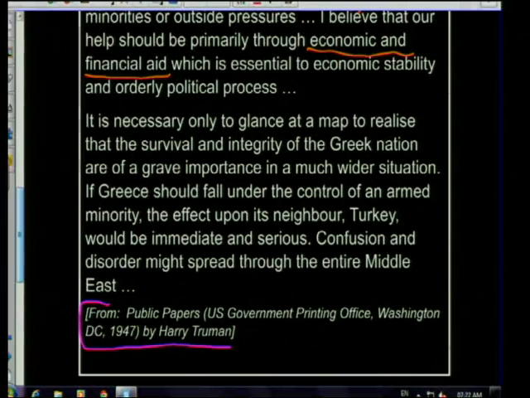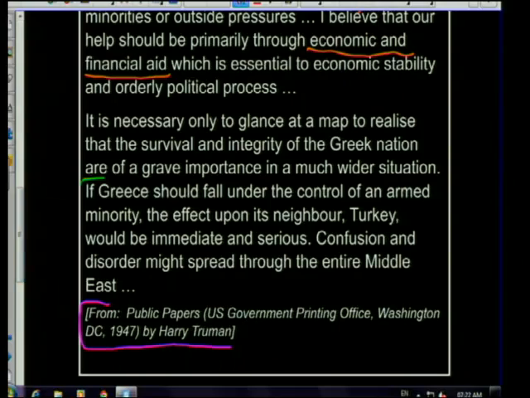It is necessary only to glance at a map to realize that the survival and integrity of the Greek nation are of a grave importance in a much wider situation. If Greece should fall under the control of an armed minority, okay, I'm going to quickly highlight this part.